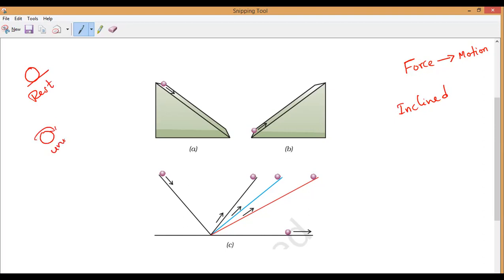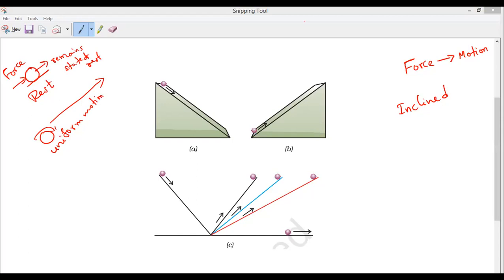Unless an external force is applied, the body in uniform motion continues in uniform motion and the body at rest remains at rest. That is the conclusion we made in the last class.